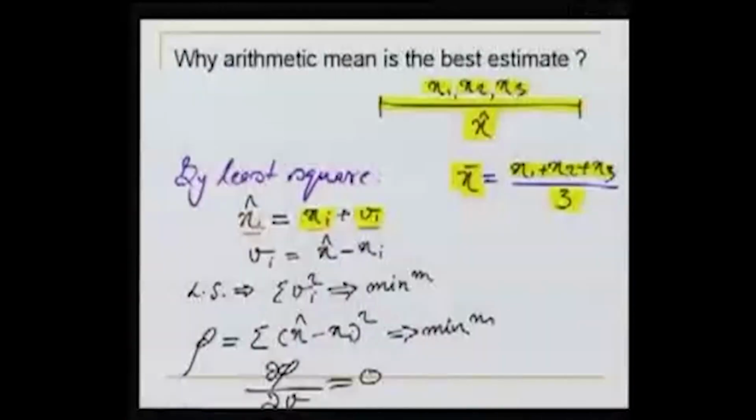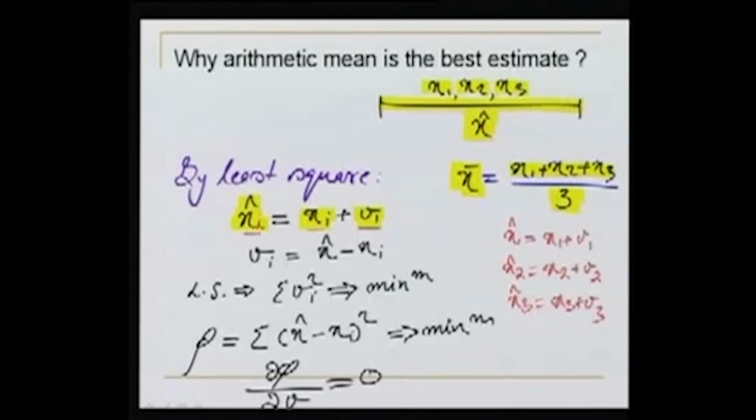This can be written for all the observations, because over here the observations are x1, x2 and x3. So we can write x1 hat is x1 plus v1, x2 hat is x2 plus v2, x3 hat is x3 plus v3.